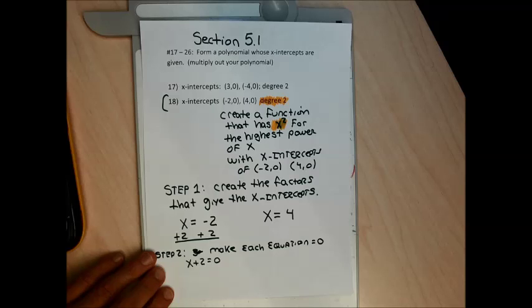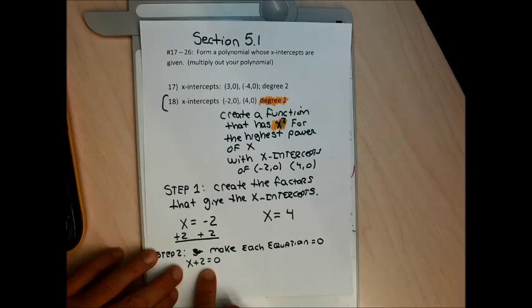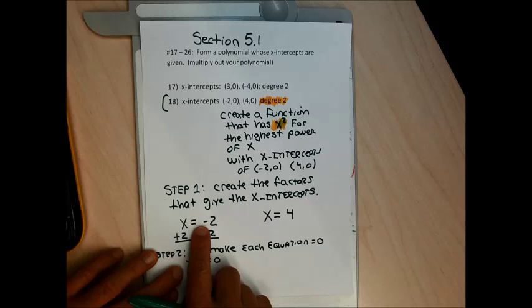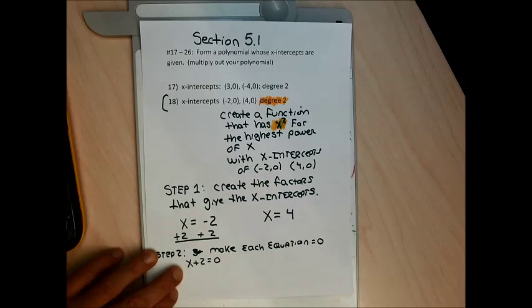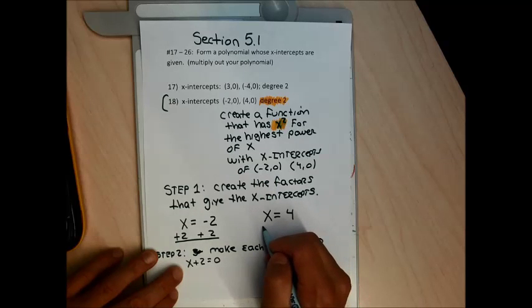This is going to be one of the 2 factors that I need for my answer, because if I had a factor of x plus 2 and set it equal to 0, the algebra that I would do is subtract 2 from both sides. I'd get x equal to -2. I'd say there's an x-intercept of -2, 0.